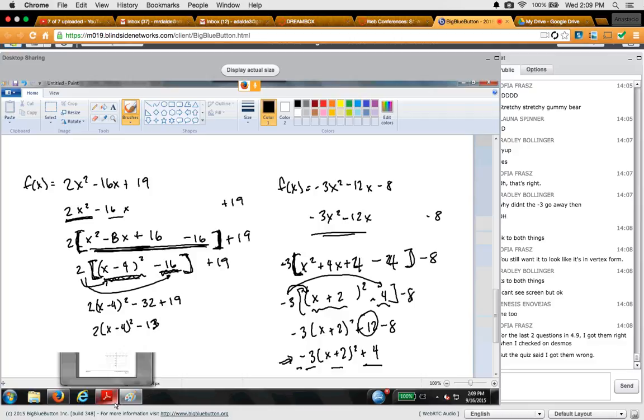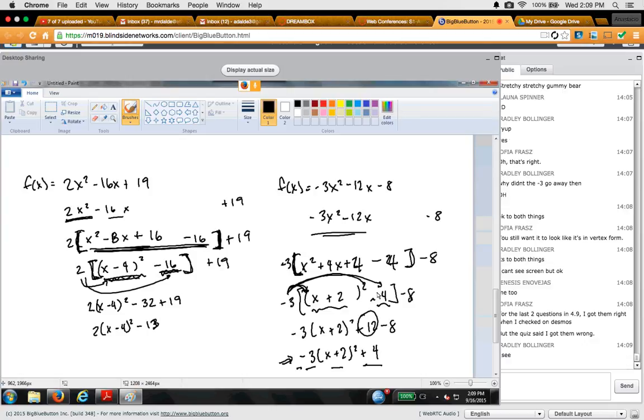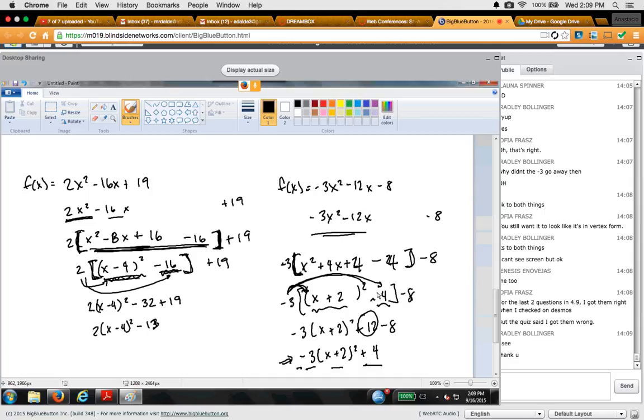The 12 came from the -3 times -4. I distributed the -3 to both of the things inside of that bracket. Sophia, I'm going to take a look at that. It's probably because I got the quiz wrong.